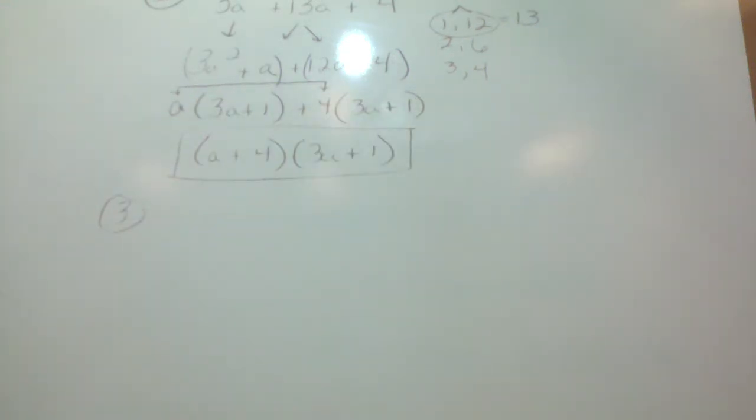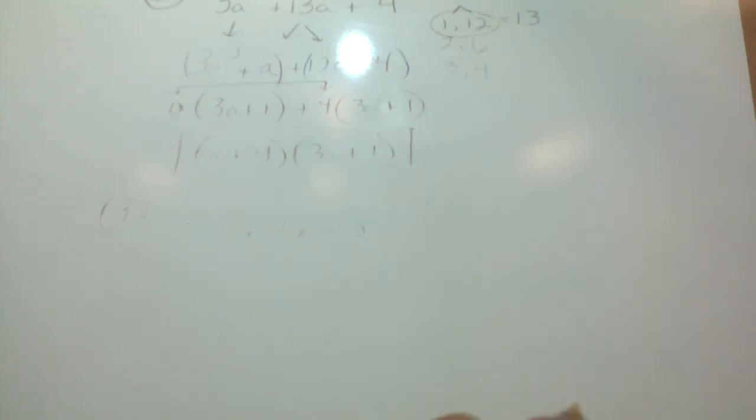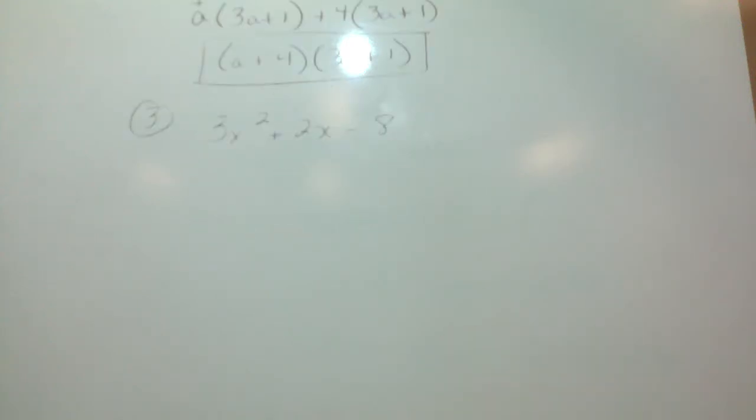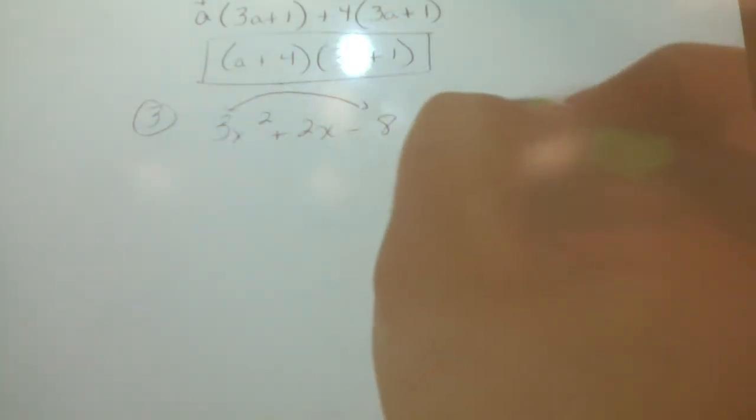All right, so let's take a look at the next one. I've got 3x squared plus 2x minus 8. I'm going to do 3 times negative 8. That's a negative. So I'm getting negative 24.